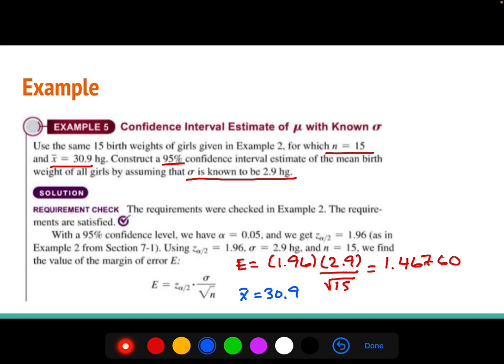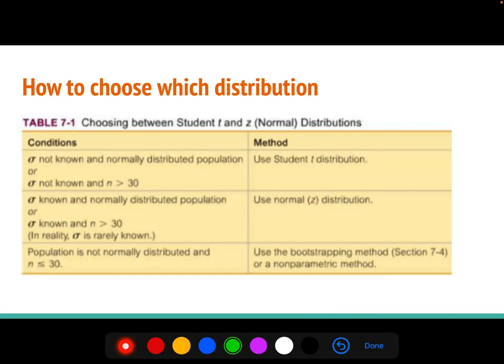And with our error, we can actually find our confidence interval. So our confidence interval is 30.9 minus the error, it's 29.4. Add them together to 32.4. There's our confidence interval. It's somewhere between 29.4 and 32.4.